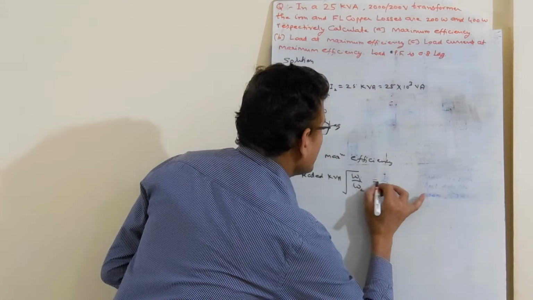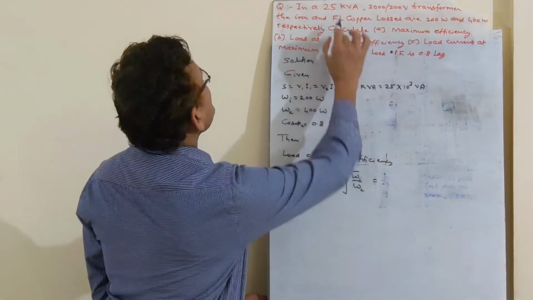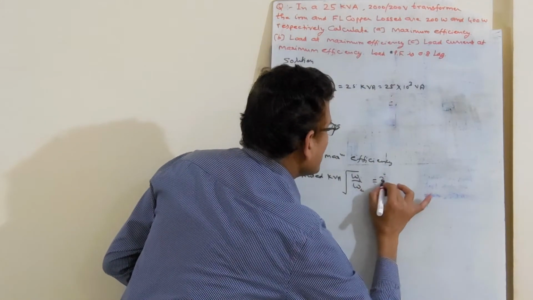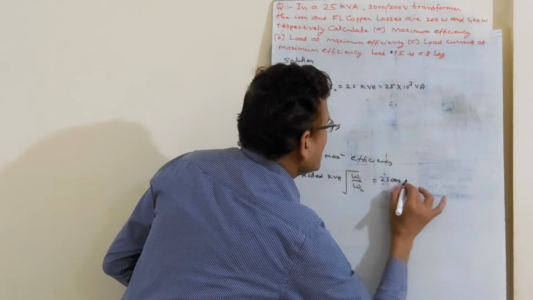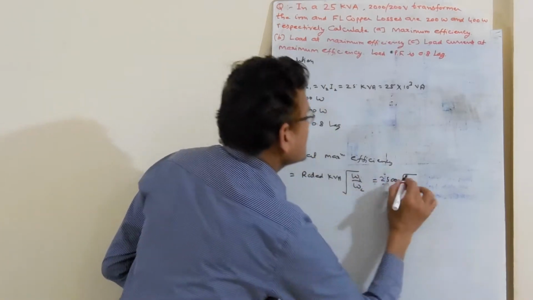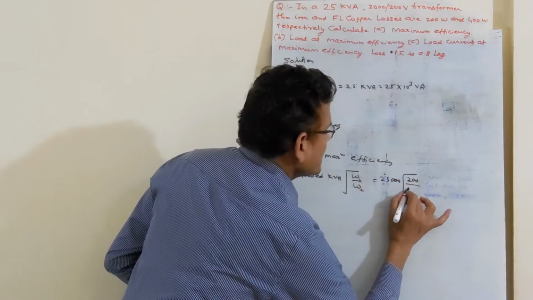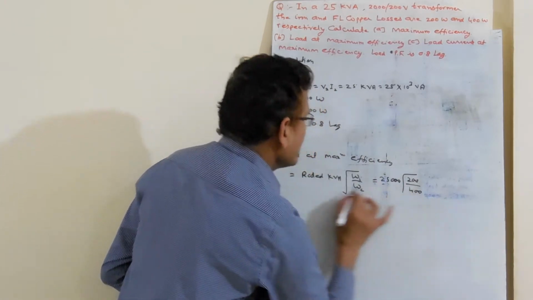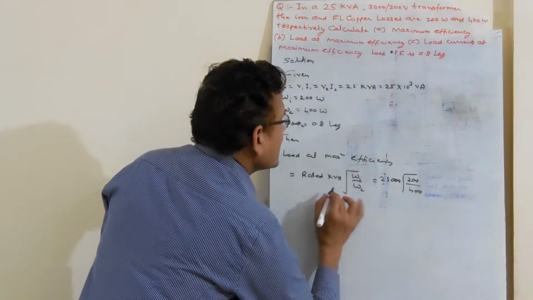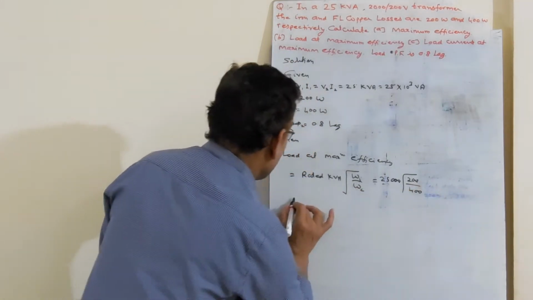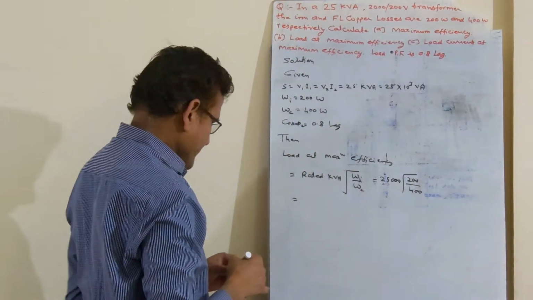Substituting these values, rated kVA is 25,000, iron loss 200, full load copper loss 400, and this is equal to the load value.